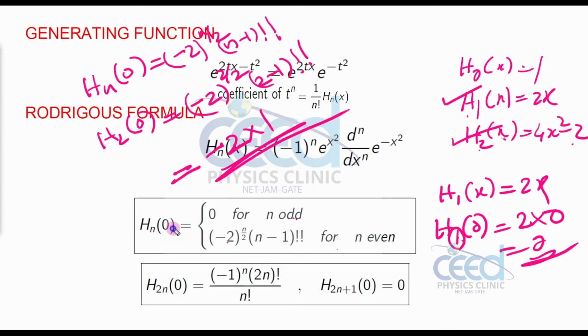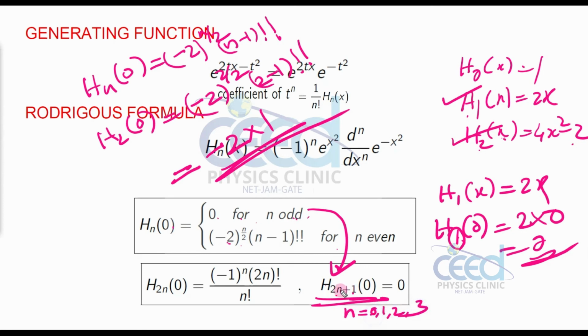So hn of 0 you can write as 0 for n is odd, and as minus 2 raised to n by 2, n minus 1 double factorial for n is even. Also I can generalize this for odd functions: h2n plus 1 of 0 is equal to 0. Here I can give n is equal to 0, 1, 2, 3.